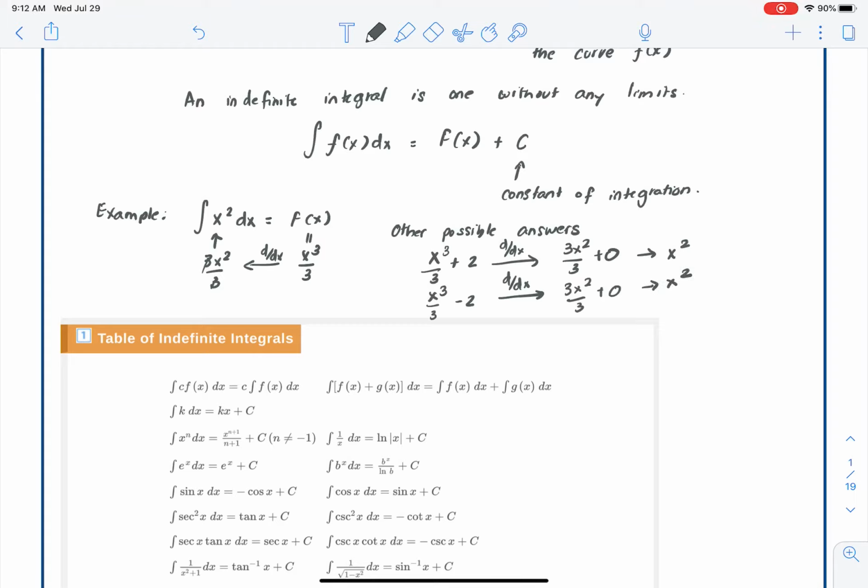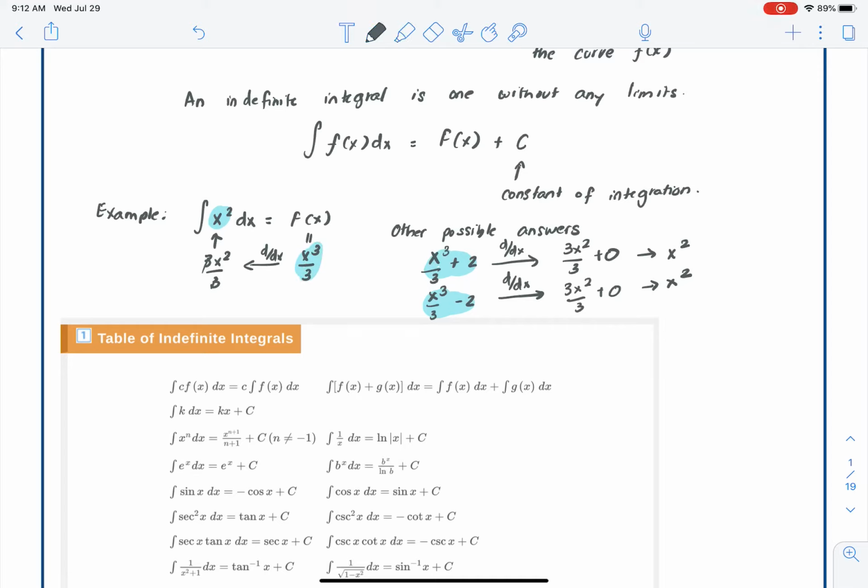So if I picked x cubed over 3 as an antiderivative, I'm going to get x squared. If I took x cubed over 3 minus 2 and I found the answer by differentiation, I will get x squared. If I picked simply x cubed over 3, I would get x squared. So which is it?